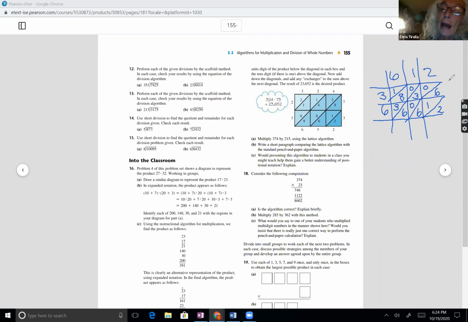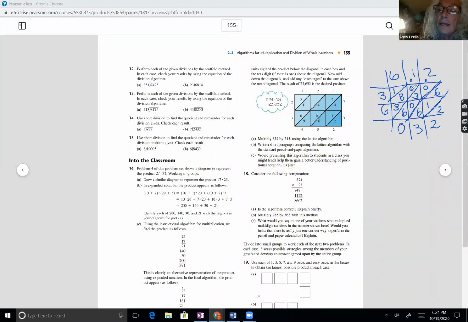And now I'm going to add along the diagonal. So here along this diagonal, I have 2. Along this diagonal, 6 plus 1 is 7 plus 6 is 13. So I'll put down the 3 and carry the 1. Along this diagonal, I have 4 and 6, which is 10.